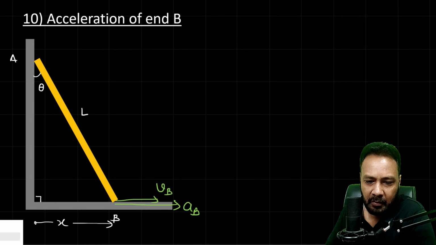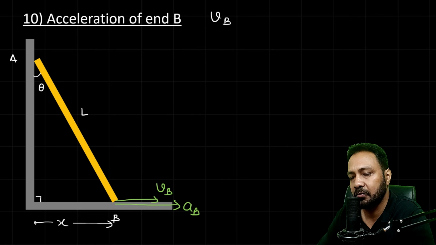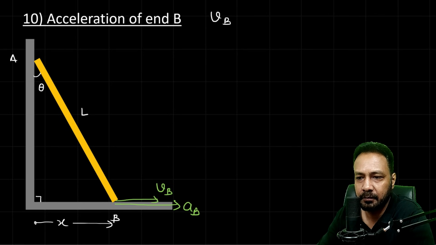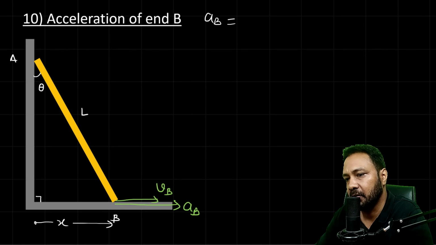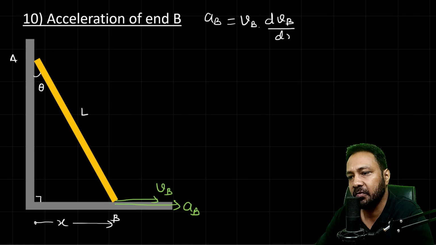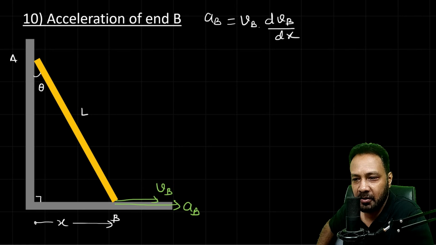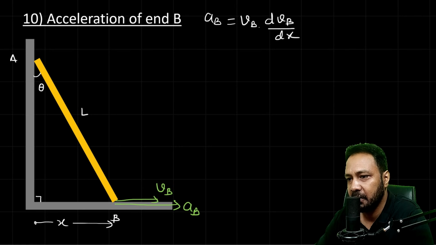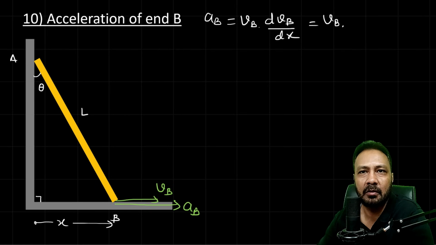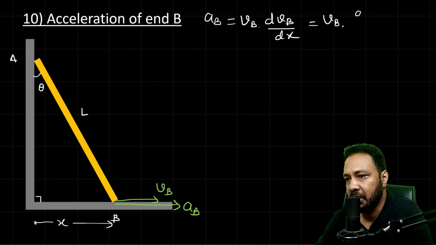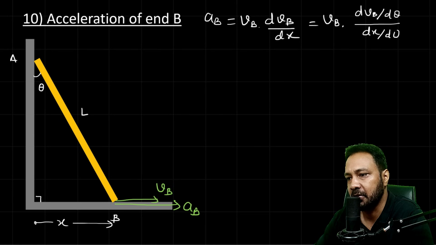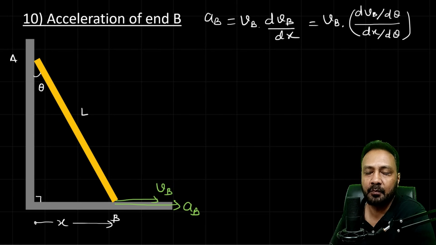So obviously we can write AB is equal to VB dVB by dx, variable acceleration. And this thing I can write as VB into dVB by d theta divided by dx by d theta, that I want to use.